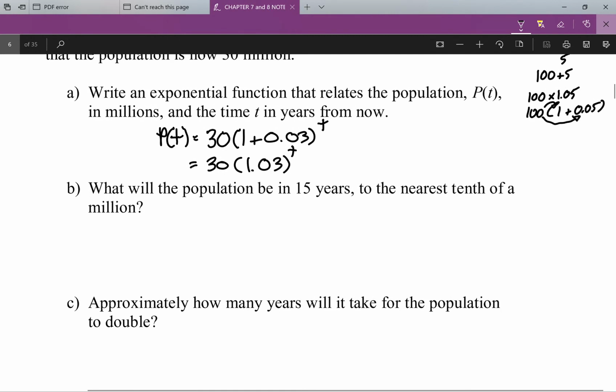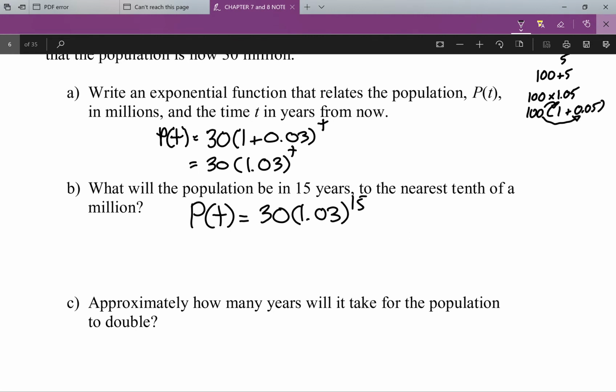What will the population be in 15 years? So in 15 years, we just go p at t equals 30 multiplied by 1.03 all to the power 15. 30 multiplied by 1.03 to the power 15 just gives me 46.739.